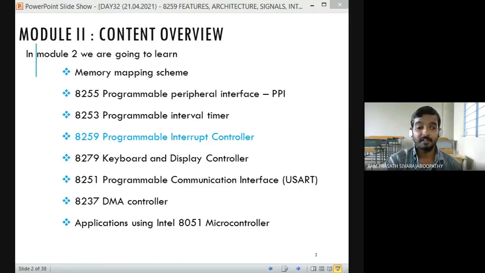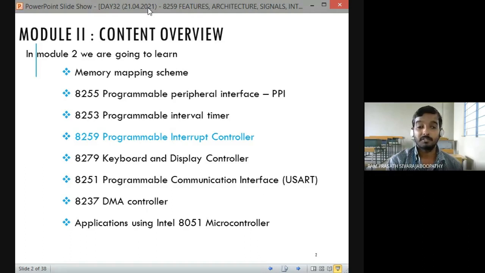We have completed module 2 topics. Yes, 8255 is completed, very good. So 8255, programmable peripheral interface PPI, we have completed, then 8253 we have covered. Then the memory mapping scheme we have covered. So 3 topics we have covered in module 2.